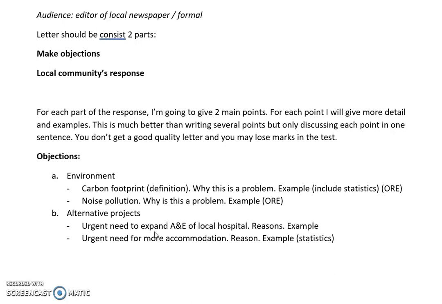There is an urgent need to expand the A&E of the local hospital, and I'm going to give reasons for this, and again, I'm going to give examples. Okay, so don't use the money to build an airport. We need an A&E for the hospital. Use the money here. Or alternatively, there is an urgent need for more accommodation. We need more housing. Again, I'm going to give the reason for this, and examples, I'm going to give statistics.